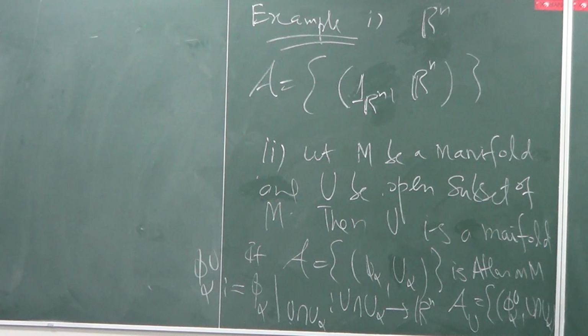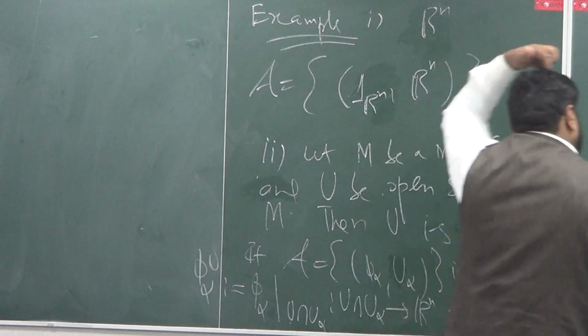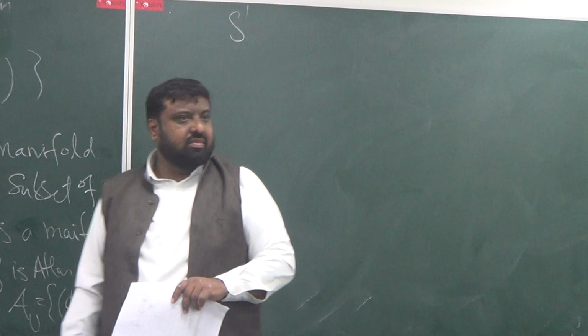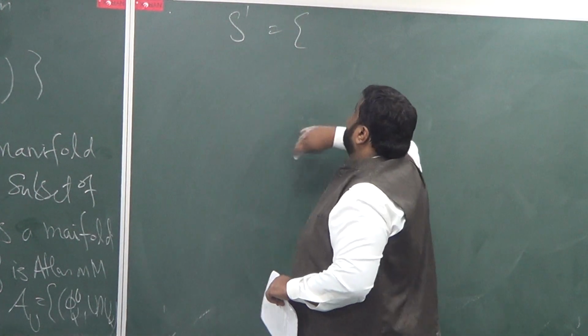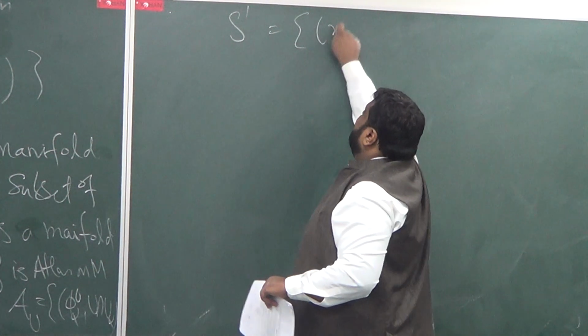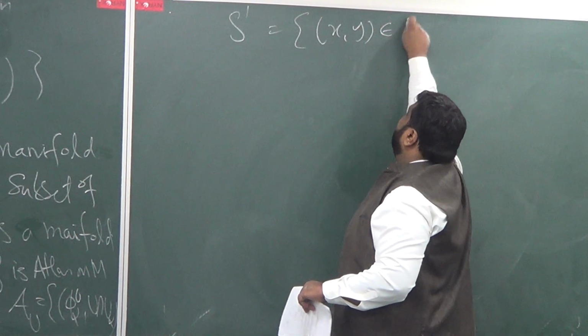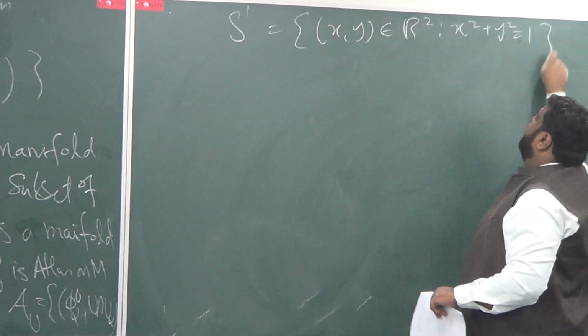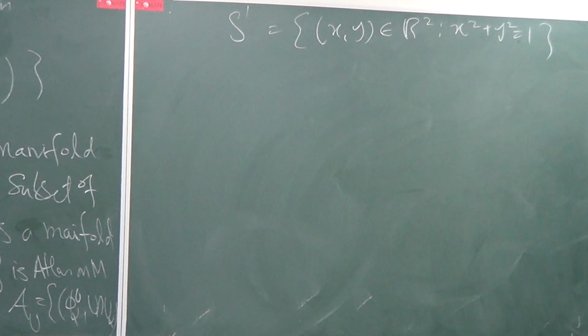Let's move on. Let's take S1. S1 is the collection of the points in R2 with x squared plus y squared equal to 1, which is what we call a circle.